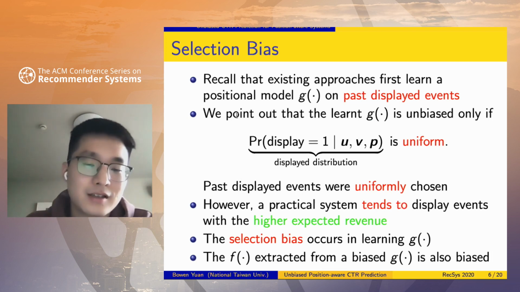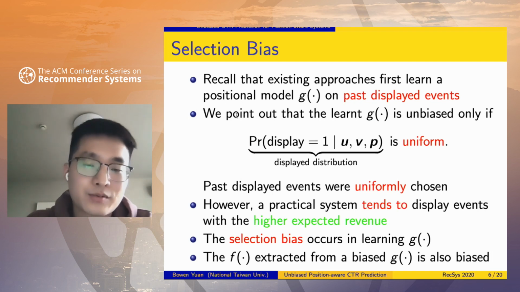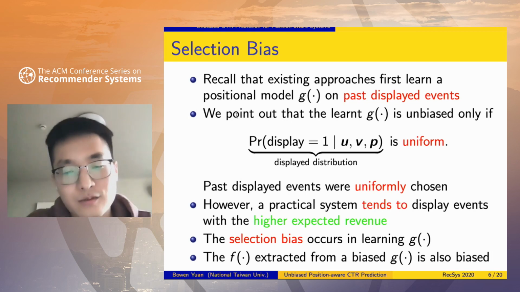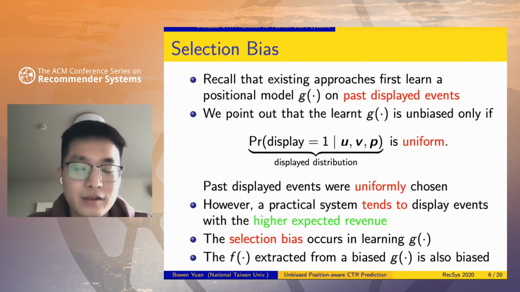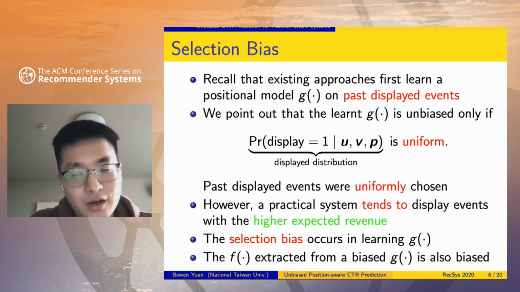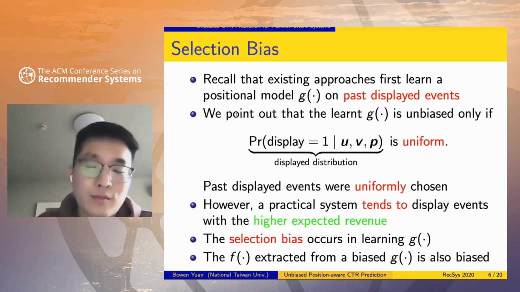That indicates that past displayed events were uniformly chosen. However, a practical system tends to display events with higher expected revenue. So selection bias occurs in learning the positional model g, and the non-positional model f extracted from this biased positional model g is also biased.